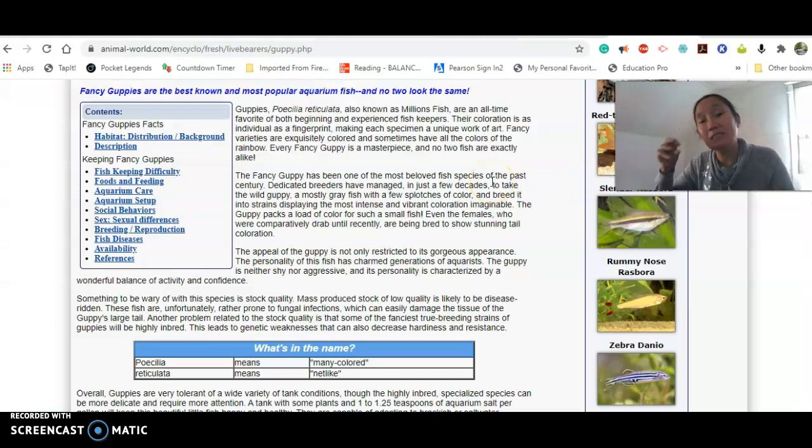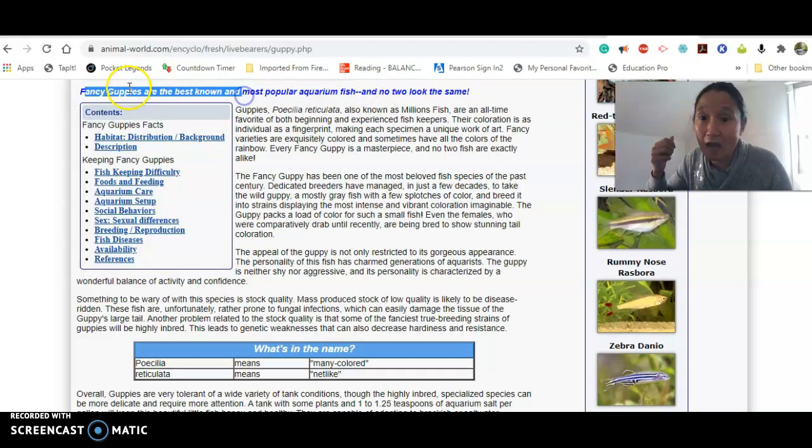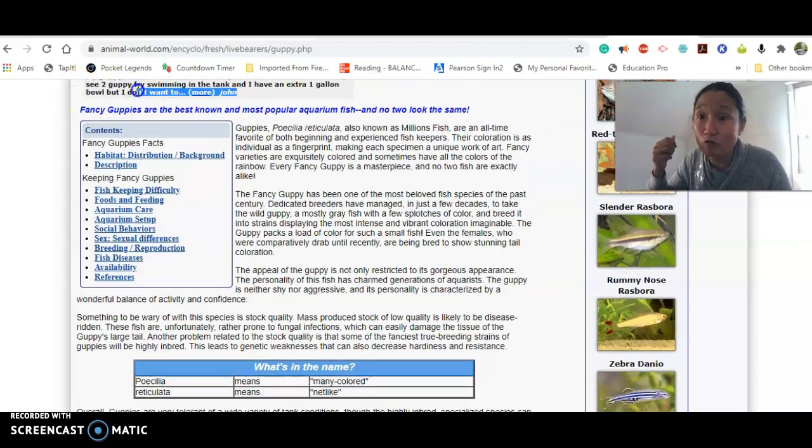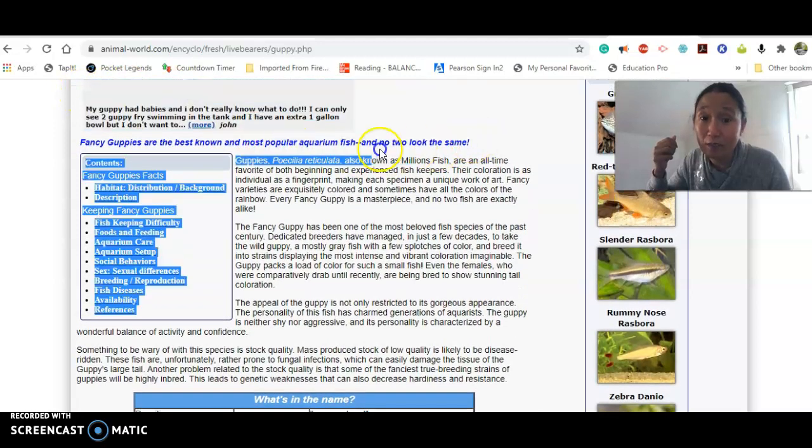And again, please do not copy word for word what you find on a website. That's stealing. You can copy it if you put quotes around it and tell me, according to animalworld.com, say if I wanted to copy this, I could, but I have to give animalworld.com credit for it.